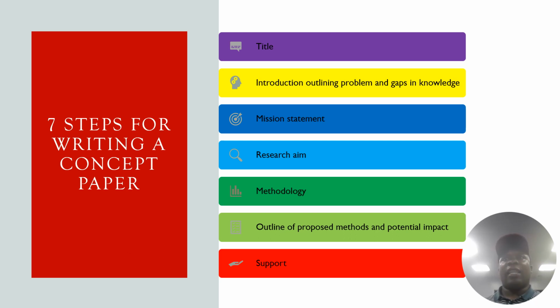You can identify the gap yourself by reading several articles, several publications, and be able to identify areas that most scholars have not researched, and that can also be a gap. And you can also use whatever scholars are recommending for you to study as a gap.